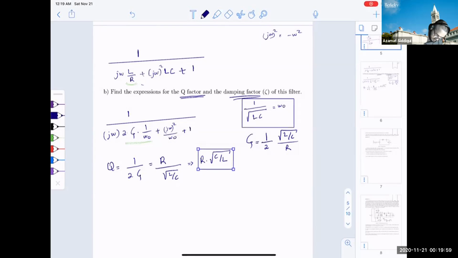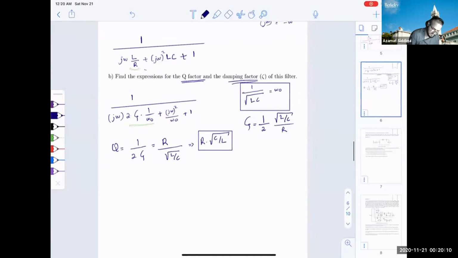If you're wondering if you wanted to write Q in terms of omega naught and have the value of R in there, what you could do is, let's see, how to go about this. All right.